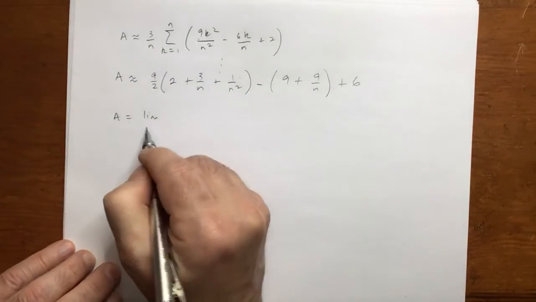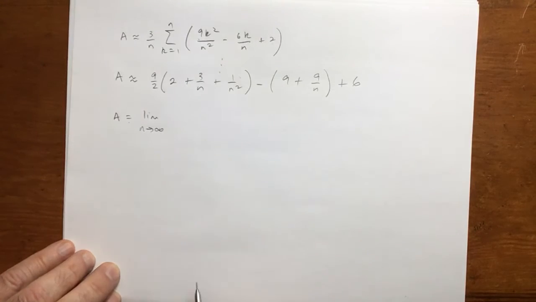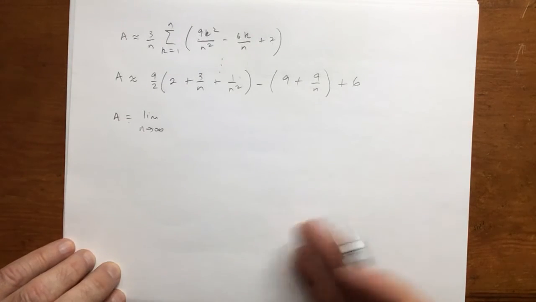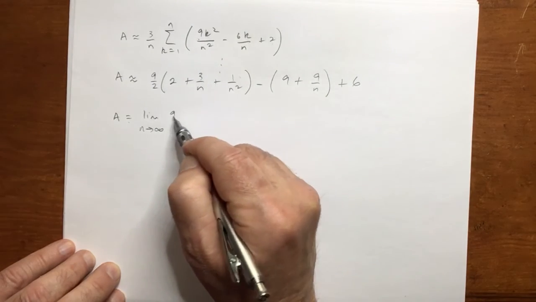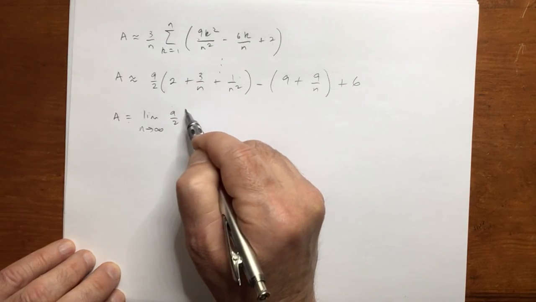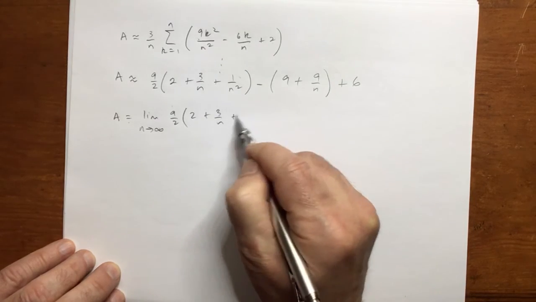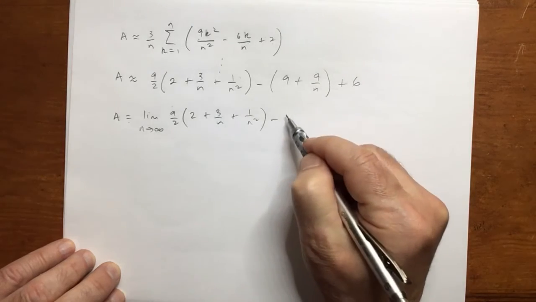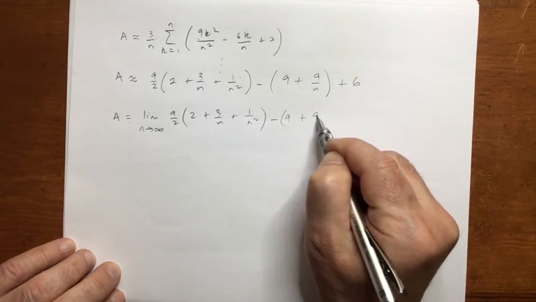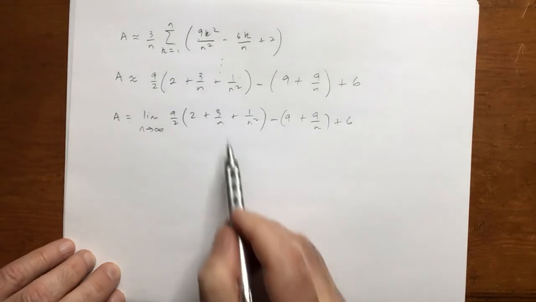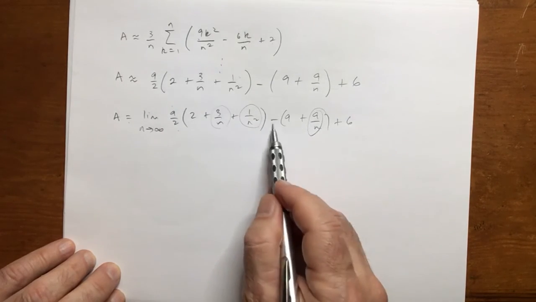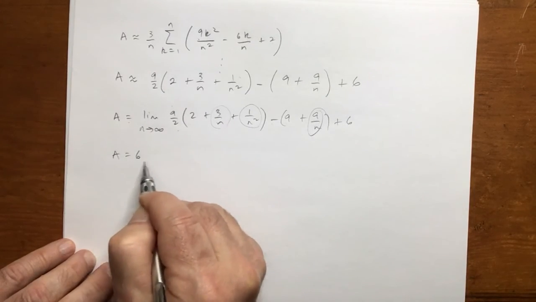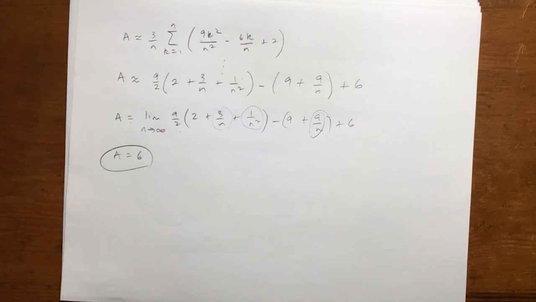Note that I changed to equals, because I want my number of rectangles to approach infinity. And so I get the same thing I just started with there. Notice the way in which I wrote this allows us to quickly evaluate this limit, because those terms will all approach 0. And here I have 9 minus 9 plus 6, so the exact area is 6.